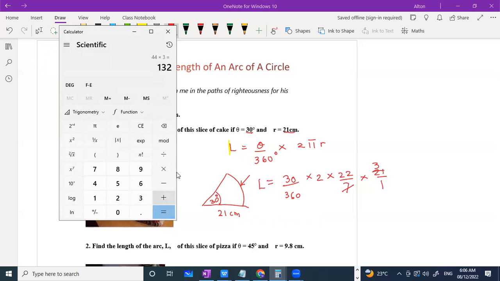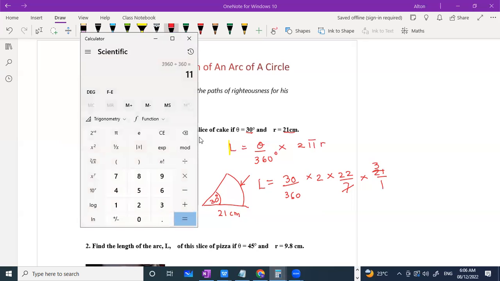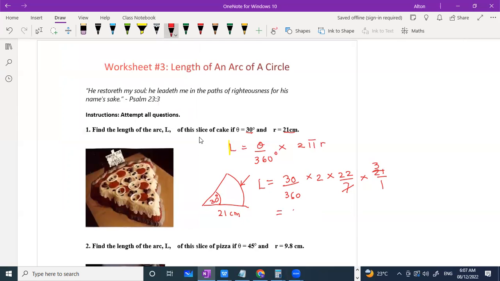That'll give me 132, and let's multiply by our 30. And then we can now divide by 360. Right, so we got an answer for arc length as 11. Did you get that? Well done. 11 centimeters.